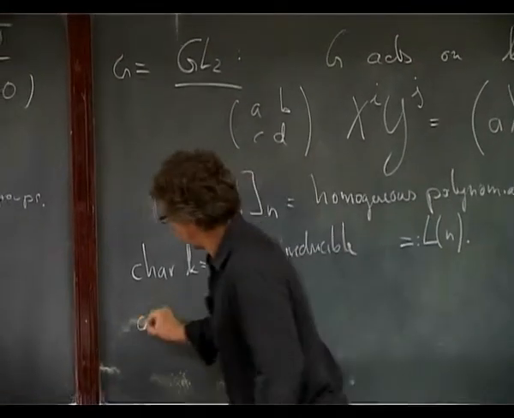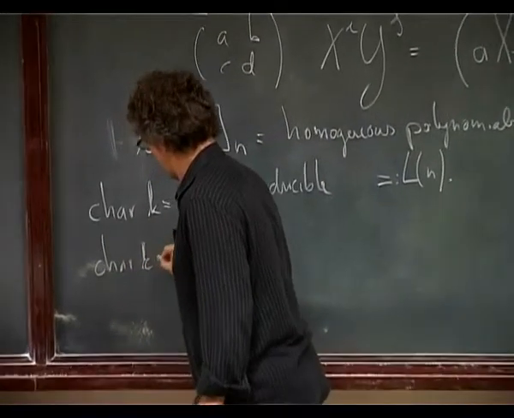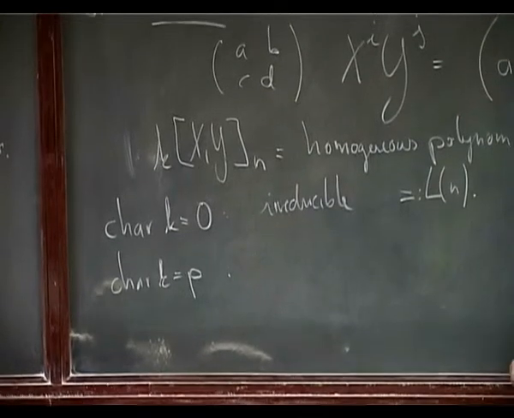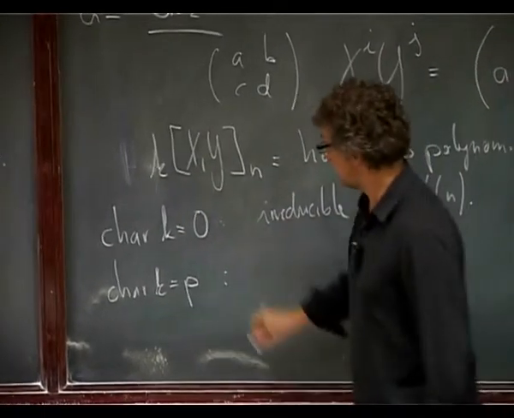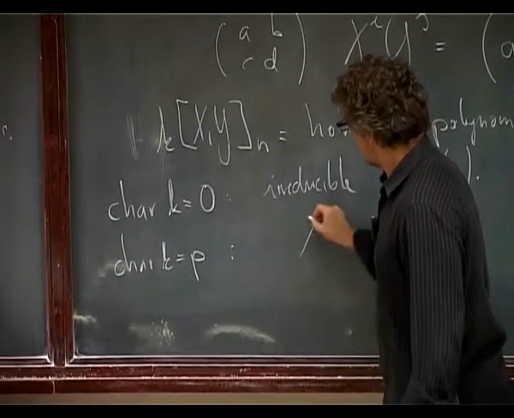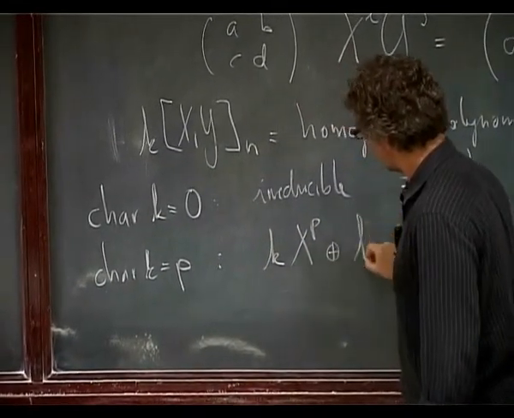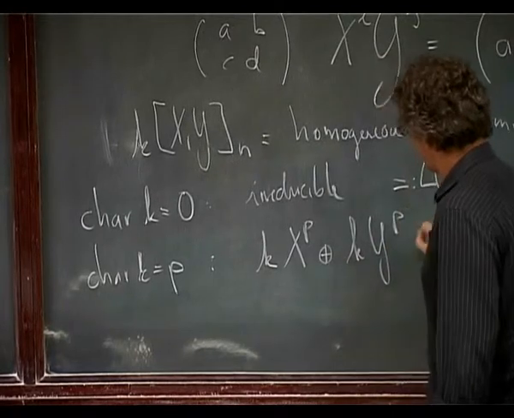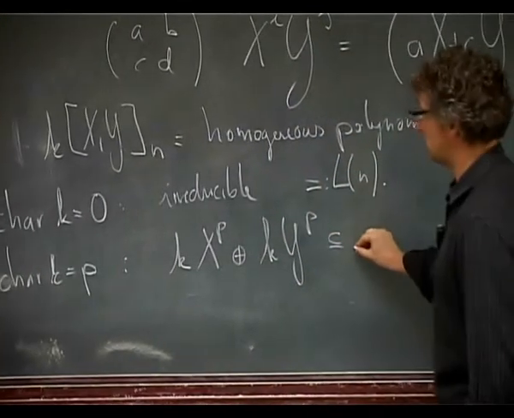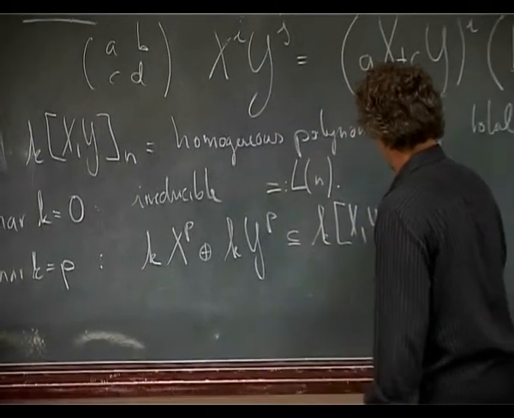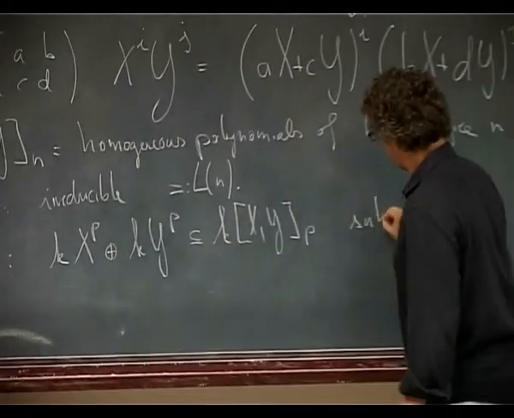But in positive characteristic, there is this basic phenomenon of the Frobenius morphism, namely x^p and y^p span an irreducible subrepresentation. So this is in k[x,y]_p, a subrepresentation.